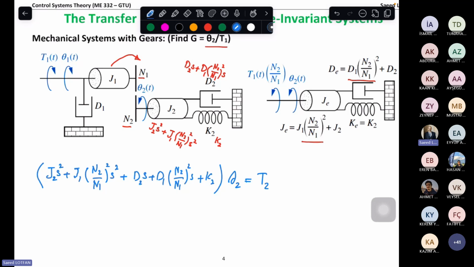So instead of T2, we also know that it's T1 N2 over N1.